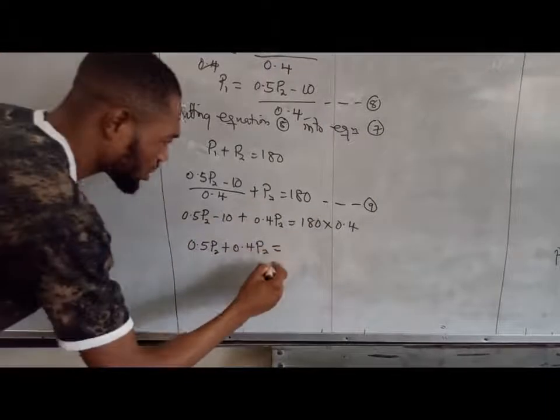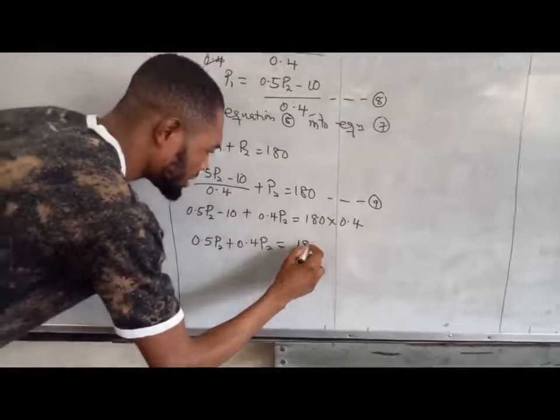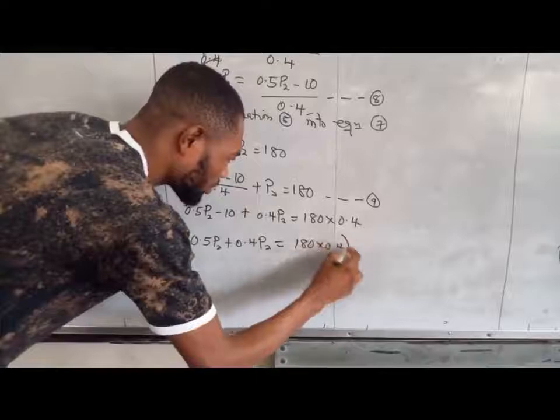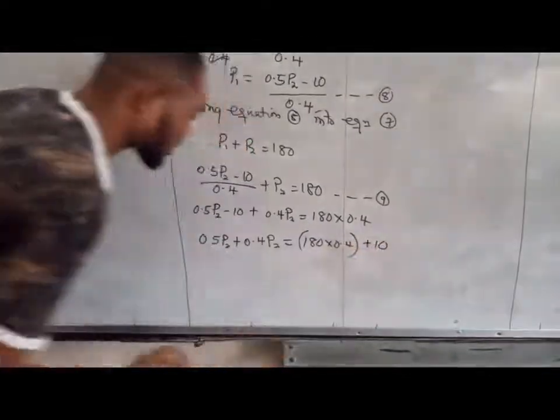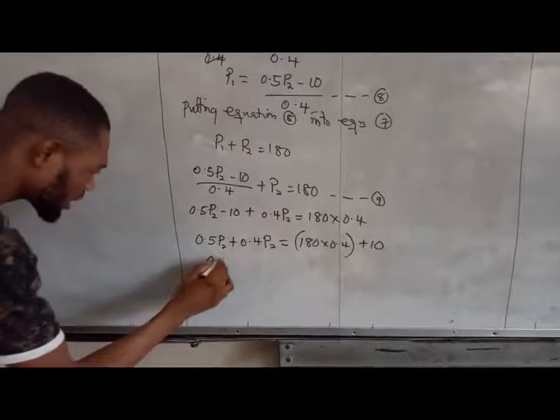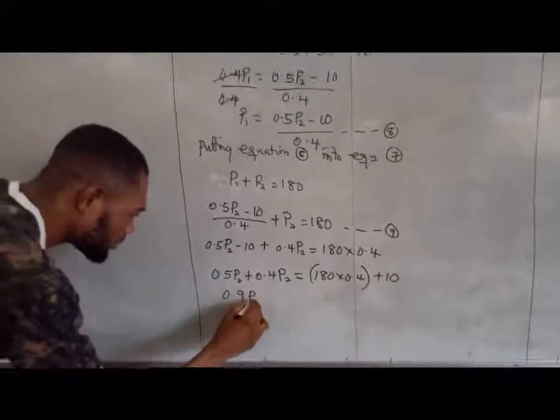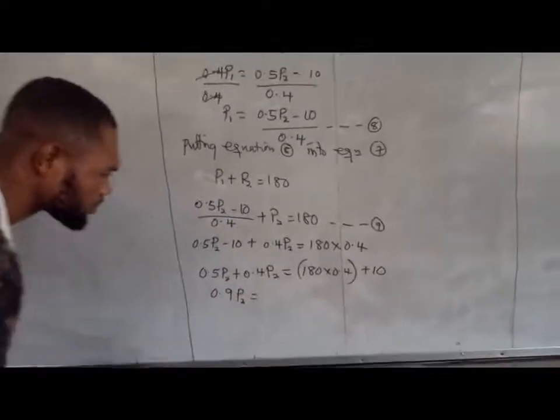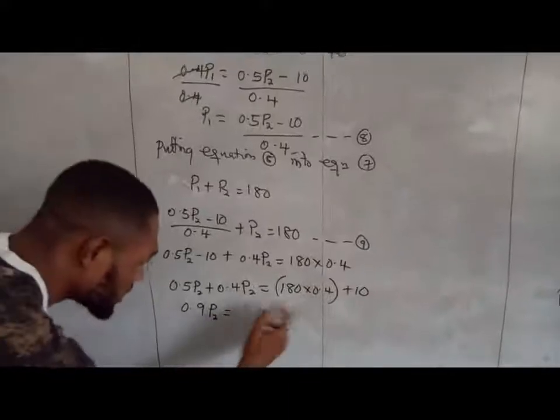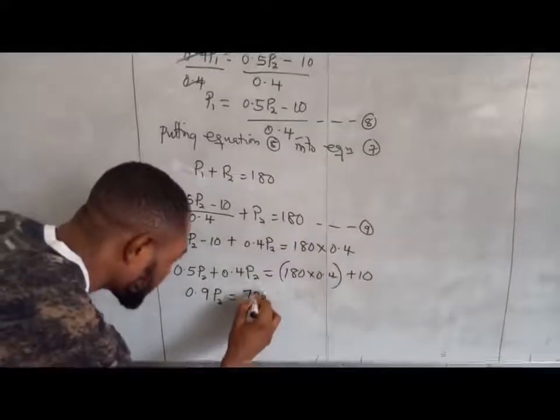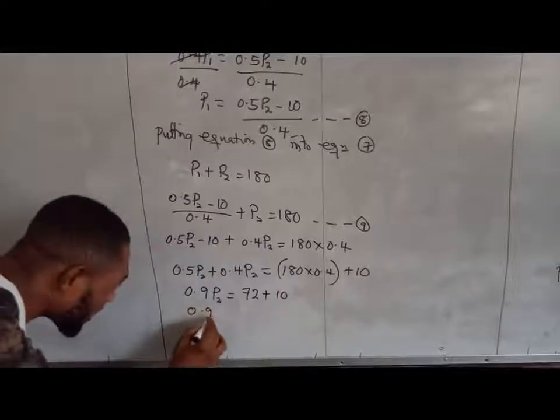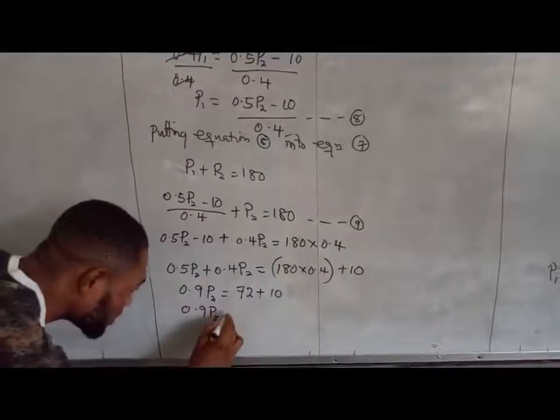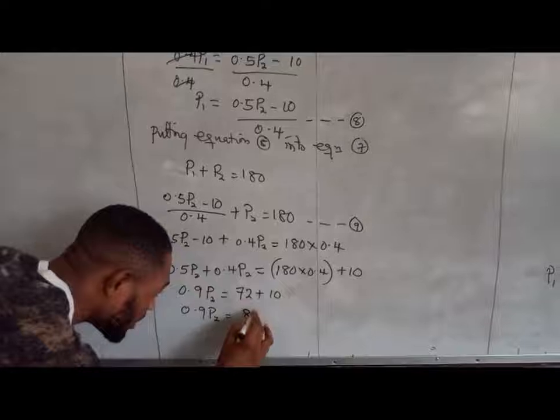Then I send this one across, 180 times 0.4. This is negative, coming here it becomes positive. Then this gives me 0.9 P2 equals, this multiplied by this, 72 plus 10. So 0.9 P2 equals 82.